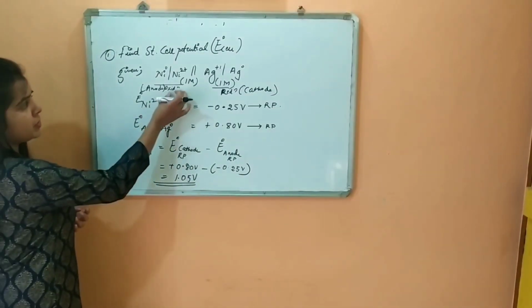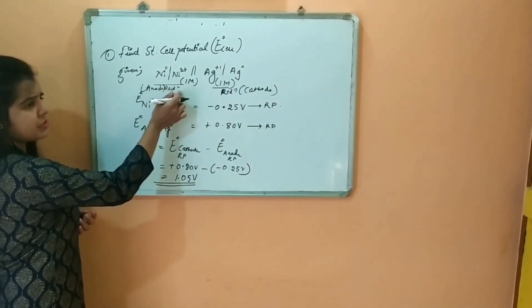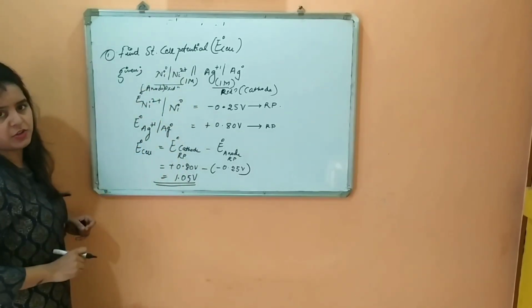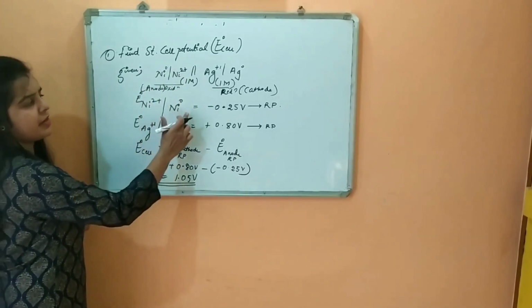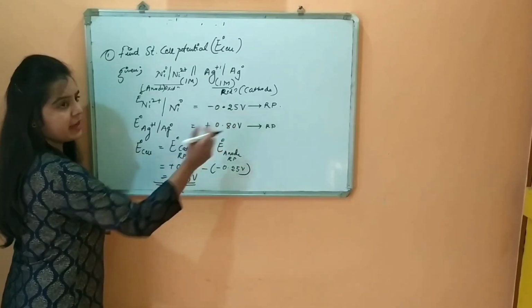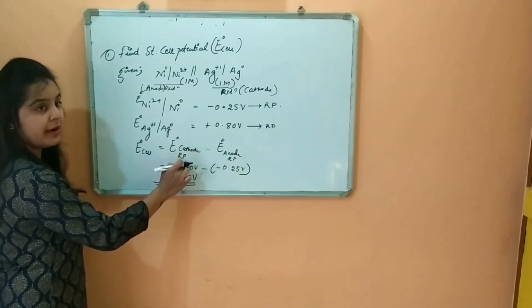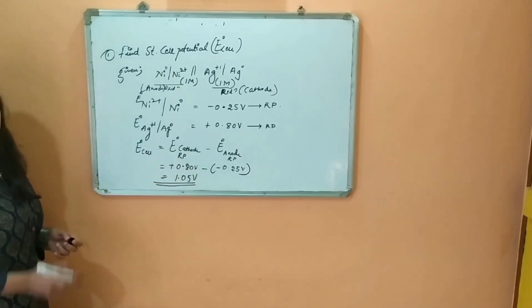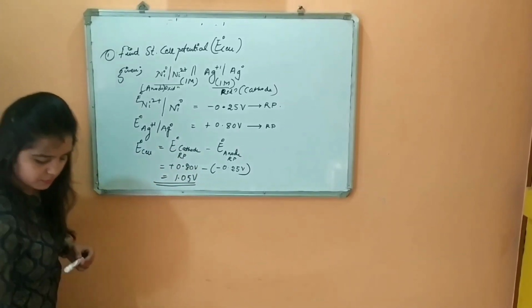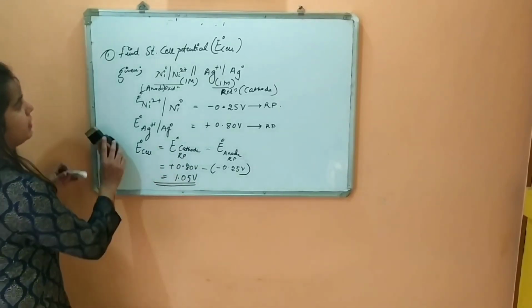I told you, for this reaction you can write the oxidation reaction also and reduction reaction also. And they have given the reduction reaction and the reduction potential, because in the formula, we require the reduction potential. Okay? One more numerical.